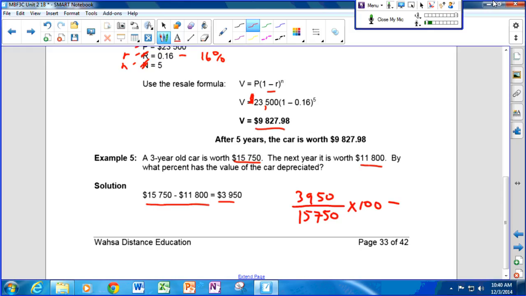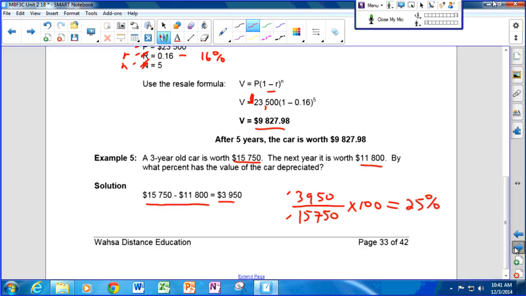Okay, that's how I would do that calculation. And so I got, basically rounding it off, 25%. I'm just finding out what percent this number is of that number.